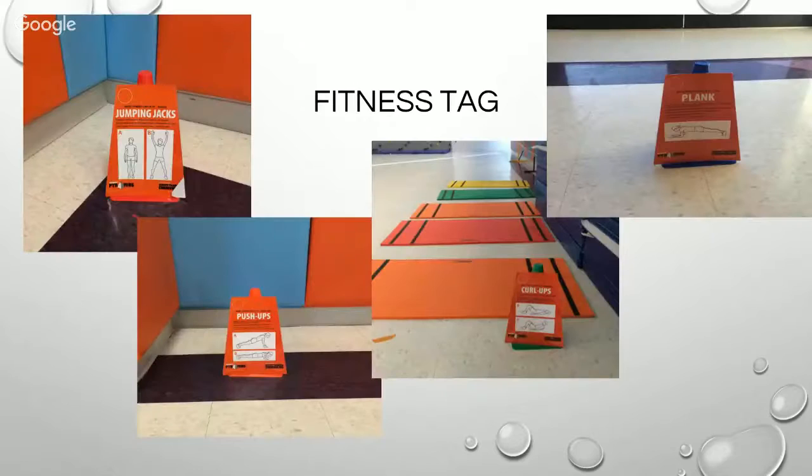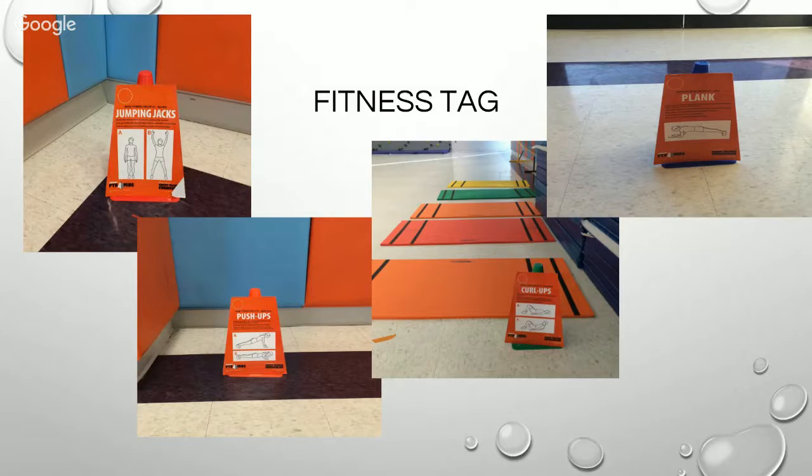So in this next slide, here's how it's set up. There's an area for jumping jacks, area for push-ups. I have the curl-up mats and the plank. And if you look on the curl-up mats, I'm still reinforcing the form, where to put your hands and how they have to slide from the top of the tape to the bottom.